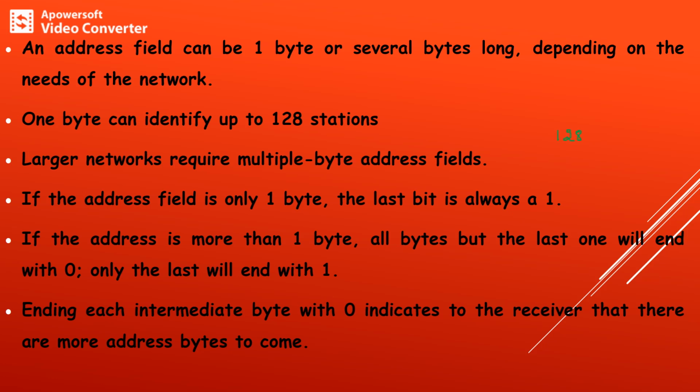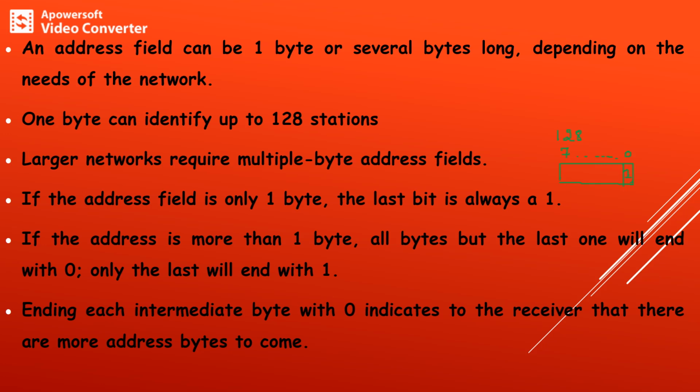Suppose the address field consists of only 1 byte of information. That is bits 0 to 7, total 8 bits. Now always the last bit will end with 1. If the address field carries 1 byte of information, always the last bit will end with 1.